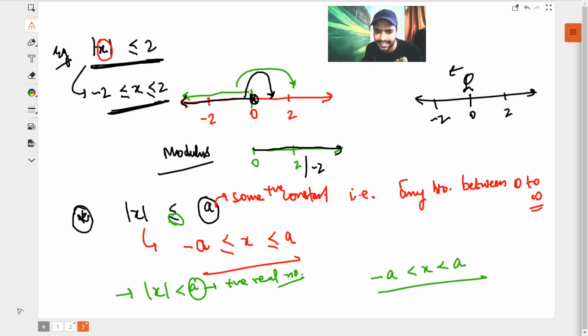What we mean by this is that this inequality will give me these values of x. And again I'm telling you guys, this thing is written inside the modulus, that's why I'm writing this thing over here. If something else is written over here, you can write that same thing over here also. Everybody clear? All right, superb.